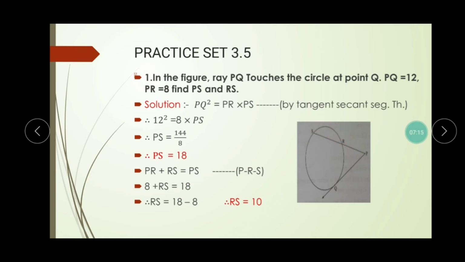So RS will be equal to 18 minus 8, that is equal to 10. So in this way length of PS is 18 and length of RS is 10.